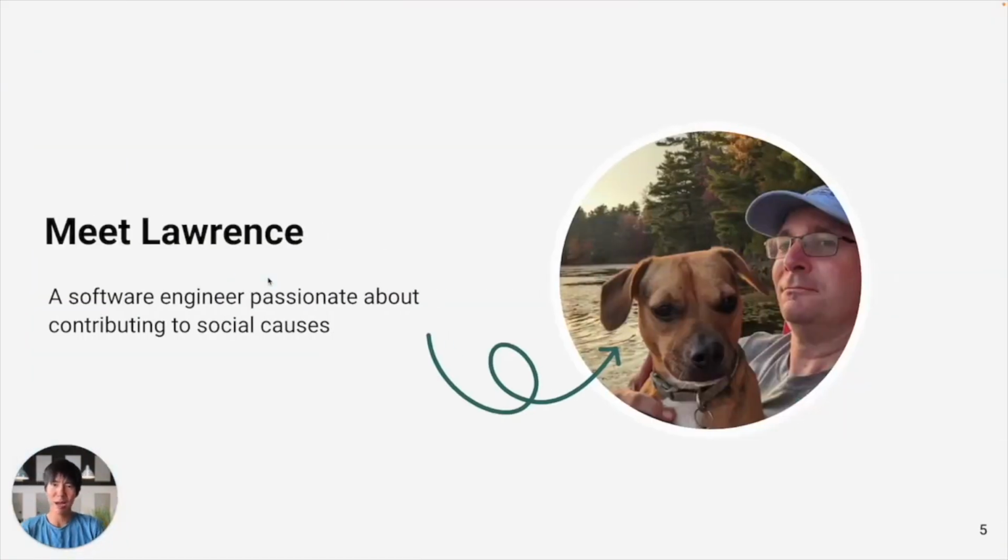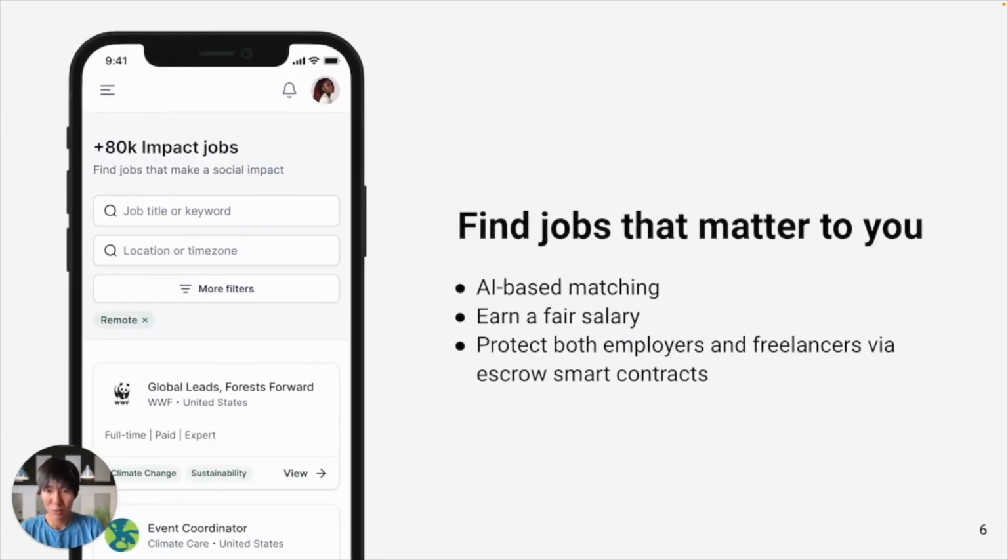To illustrate how we are doing this, I want to share the story of Lawrence, a software engineer with a passion for contributing to social and environmental causes. Through our platform, we matched Lawrence with an edtech startup where he can contribute to a social cause and advance his career at the same time. He receives a fair salary, which is protected by escrow smart contracts.